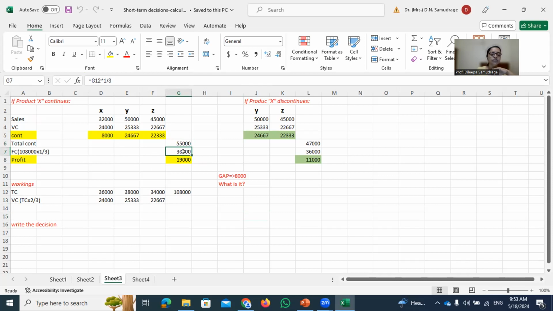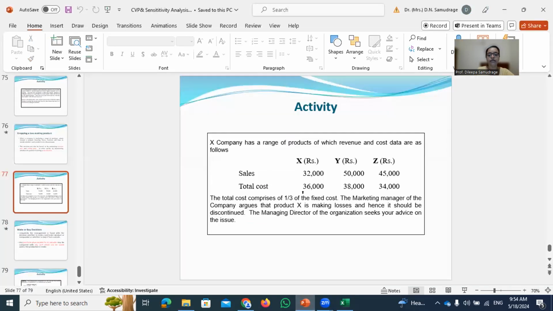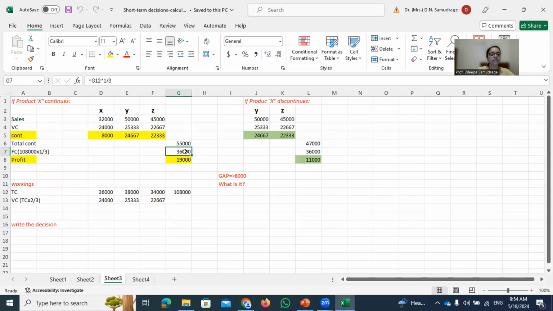You have to take the total fixed cost. How do you take total fixed cost? Because you know from the total cost, 1/3 is fixed. So you can add all total cost and take 1/3 of it, right?